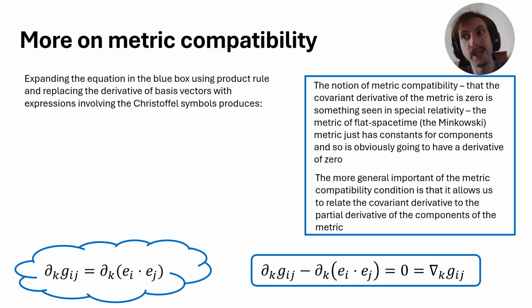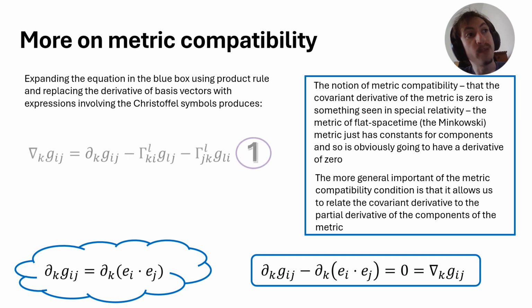So it's very natural to use Christoffel symbols to help us expand the partial derivative of the scalar product between basis vectors. Once you've used the product rule and put in your Christoffel symbols in place of partial derivatives of the basis vectors, you'll end up with equations that look something like this.